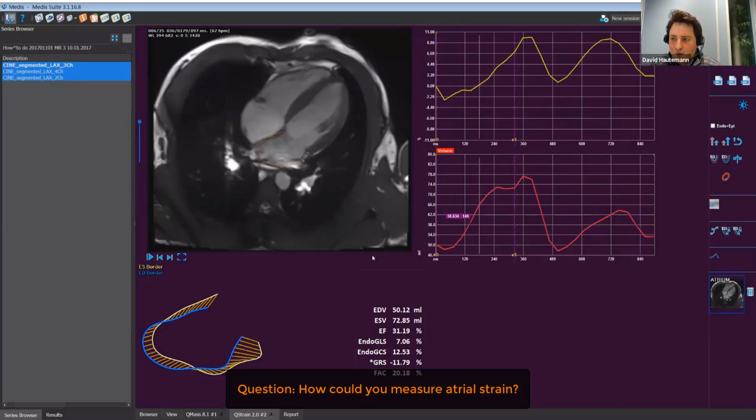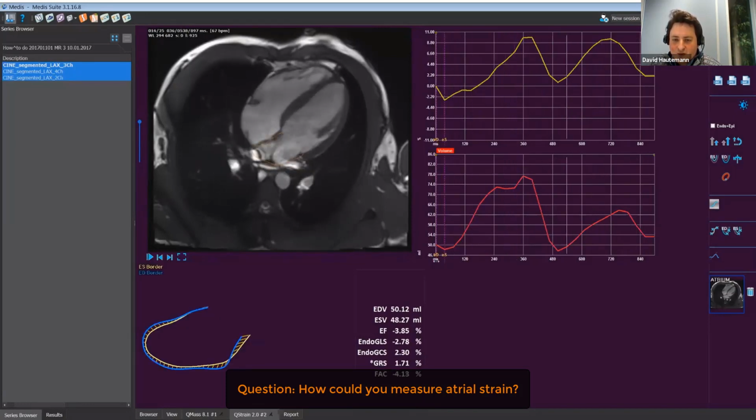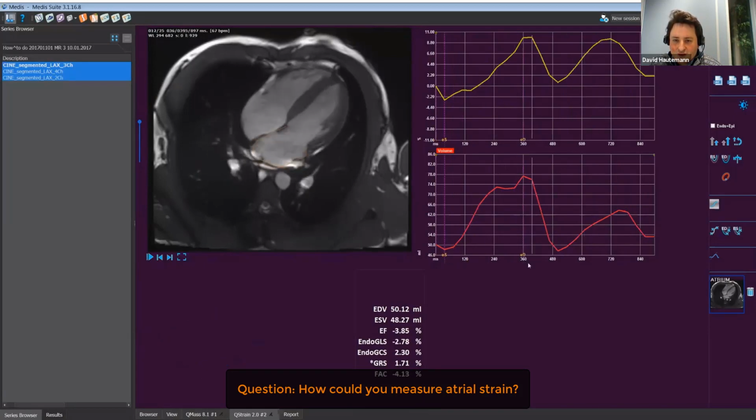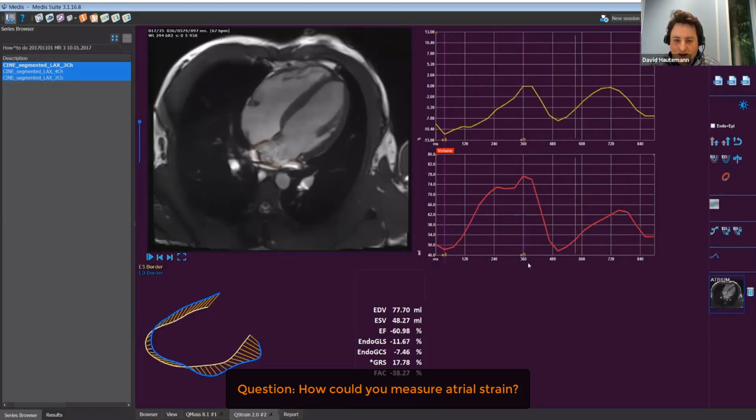And I think what's important is when you're going to quantify strain here, it's very important to put the ED and the S markers in the place where you actually want to measure your strain. So if you want to measure the, how do you call it? You have the conduit, the reservoir, and the booster pump. So if you want to measure the reservoir, the complete strain, this is what I believe Professor Nagel now is showing. You have the strain value of 11 or 12%.